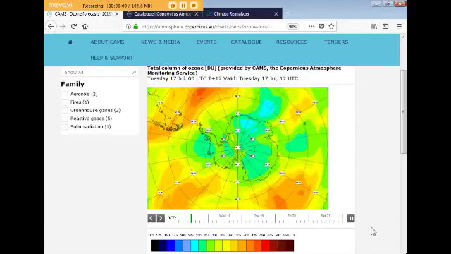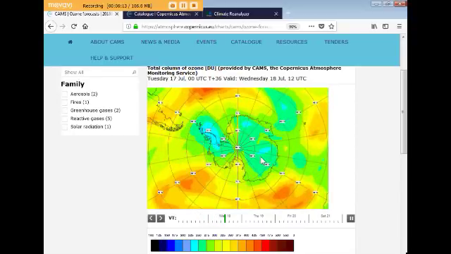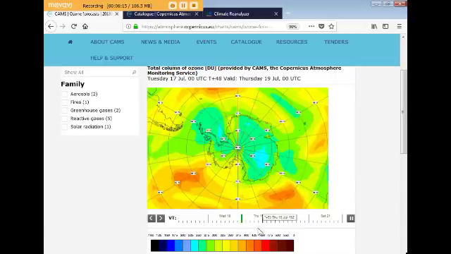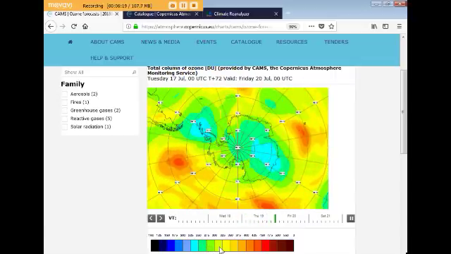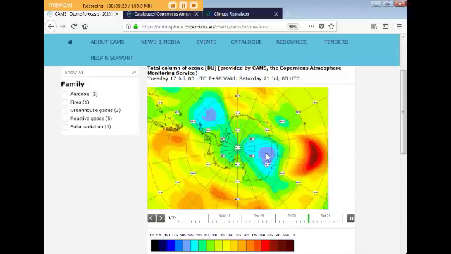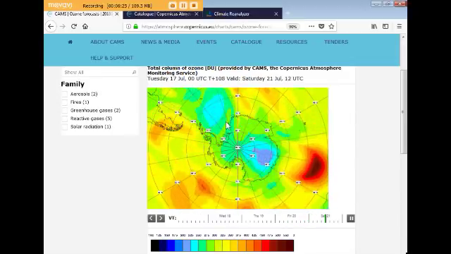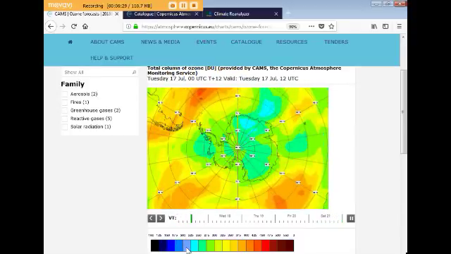Okay. You can see the blue where it's moving around, and the green. The green is 250 to 275, and then this yellow-green is 300 Dobson units. Okay, you see it going into these darker blue. That's 200 Dobson units.